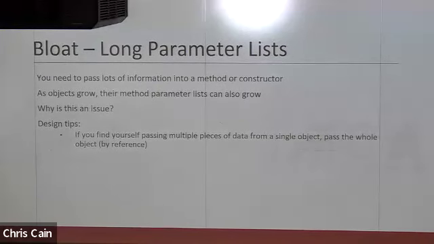So, finding yourself passing multiple pieces of data from a single object. Let's say we have a person object, and calculating where to route and send their paycheck will require that person's bank account and salary and number of hours worked.